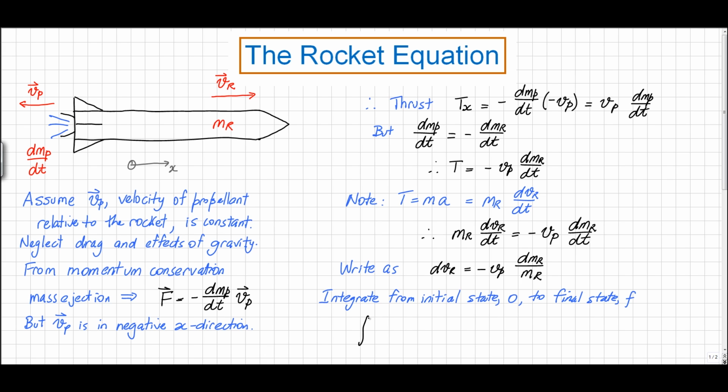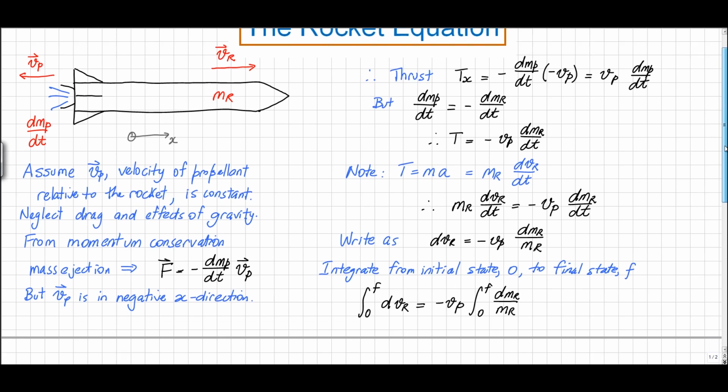So the left-hand side, we integrate that from 0 to f, and that's the integral of dvr, and that must equal the right-hand side, which we're going to integrate from state 0 to state f, and that's going to be dmr over mr. You can see that I've been able to take the vp out of the integral because we're assuming that vp is going to be constant during our period we're considering.